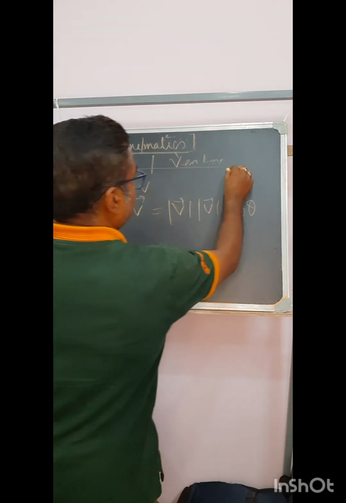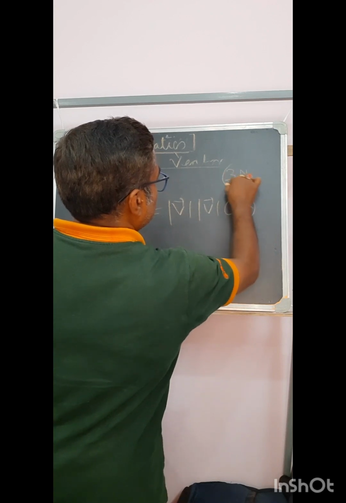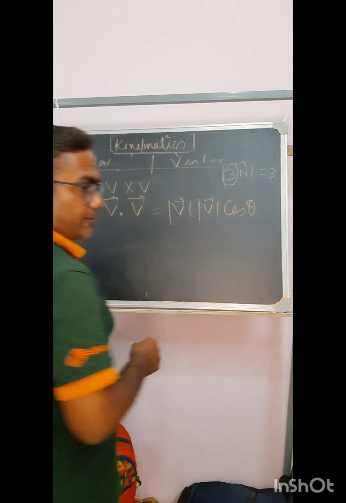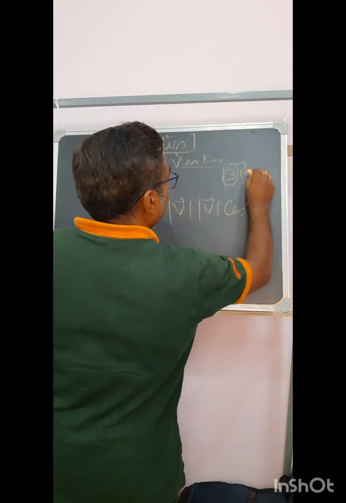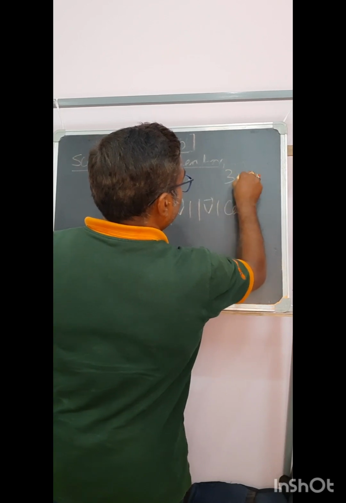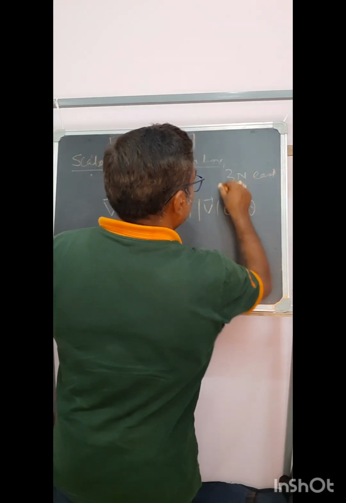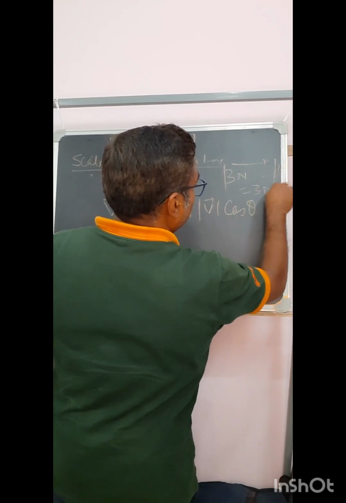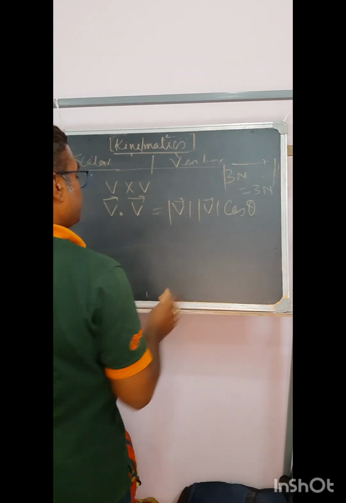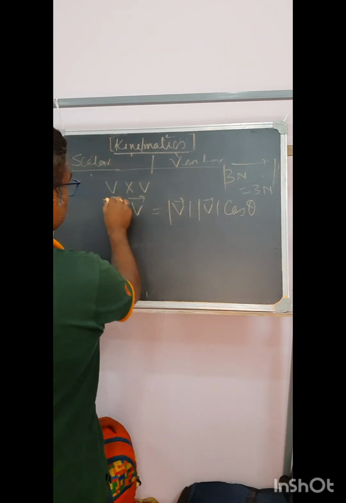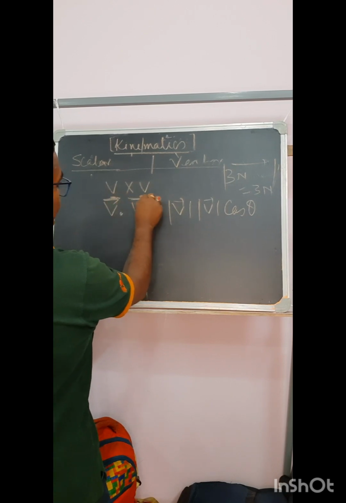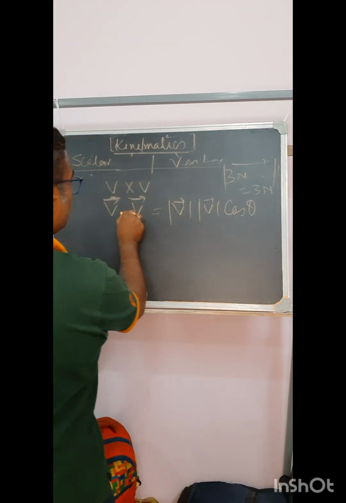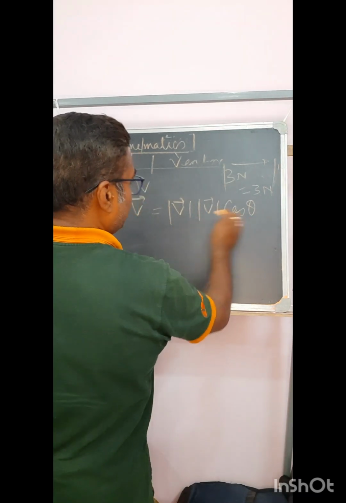So if I say 3 Newton east, the mod of this vector will be 3 Newton only, and it will not define any direction. So if the vector is denoted by V bar, then the dot product will be denoted by V V cos theta.